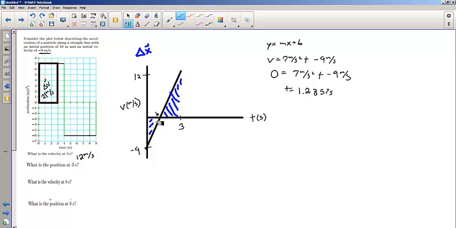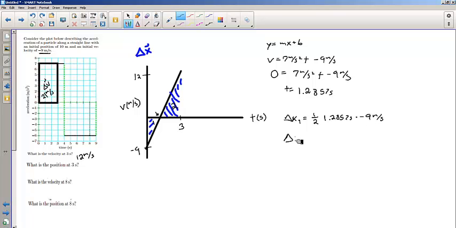So now we can think about calculating the areas of, say, this triangle here, which I'll call 1, and this triangle here, which I'll call 2. So the area of 1, or the displacement caused by that first section, is 1/2. The base is 1.2857 seconds times -9, the height, meters per second.